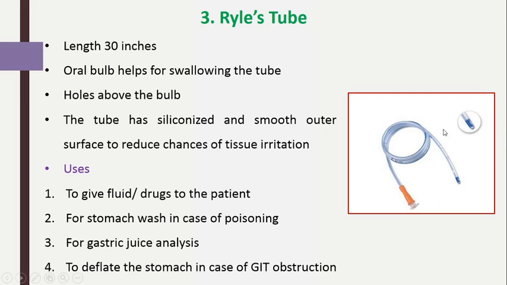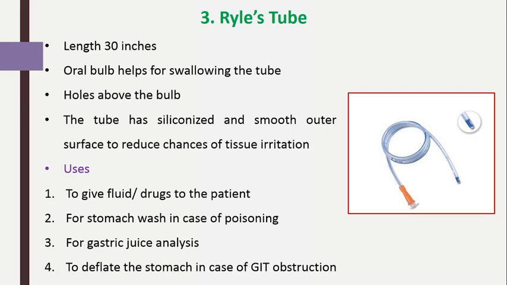So the irritation with the tissue can be avoided by making the surfaces smooth or by using the siliconized type of tube. It is mainly used to give fluid or drugs to the patient. Some patients are unconscious or cannot swallow the drug, so at that time by using the Ryle's tube we can introduce the fluid or the drug material to the patient.